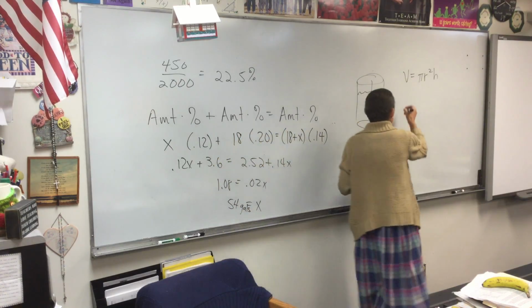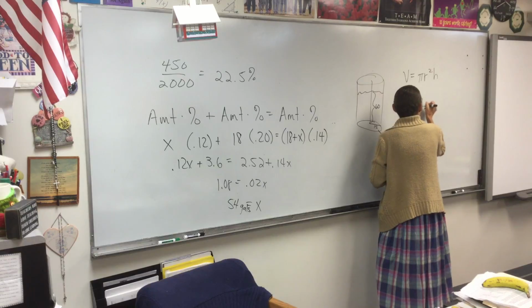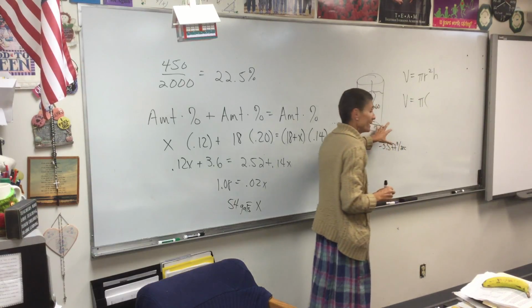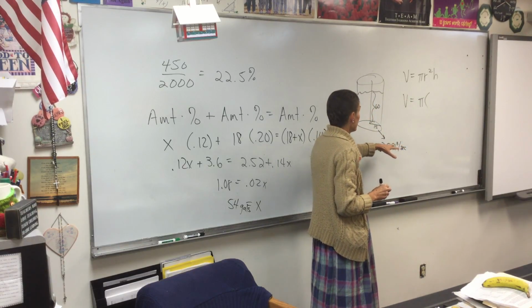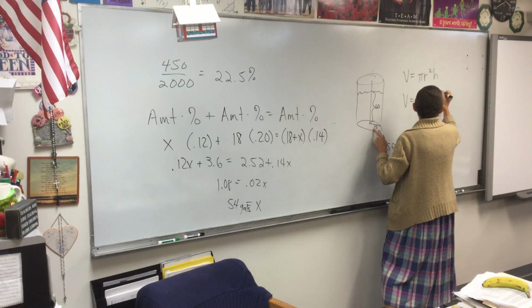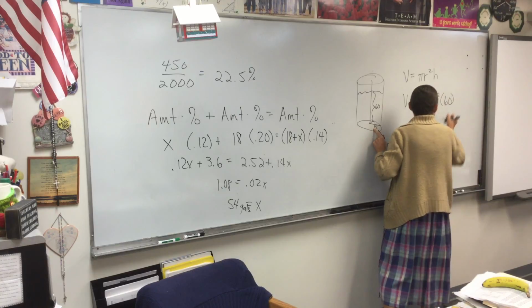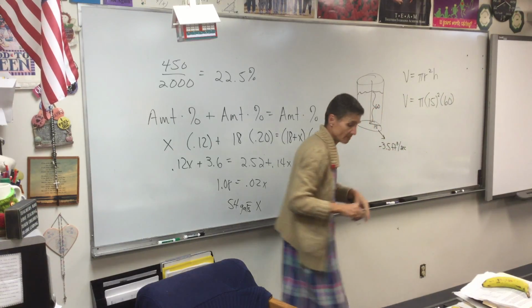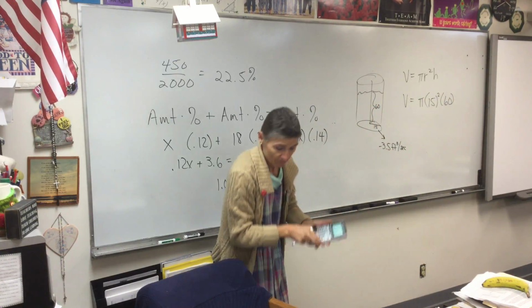So we know that right now, before we open it up, before we let any come out, the volume is pi times the radius squared times the height. That's how much gas is in there right now. So let's figure out what that is.